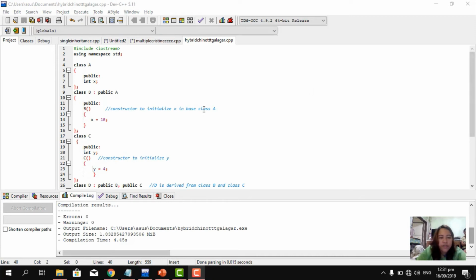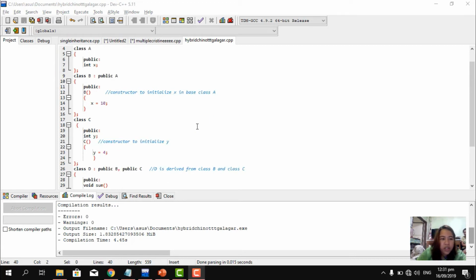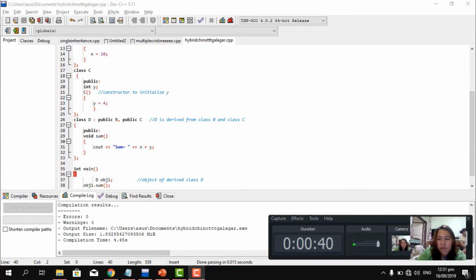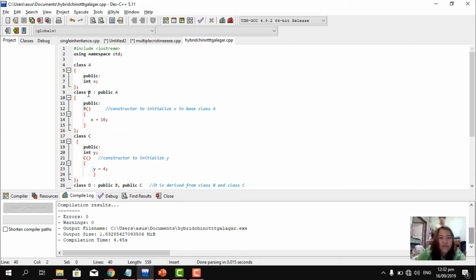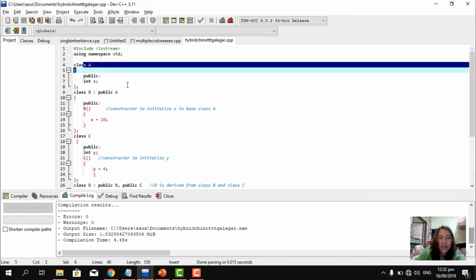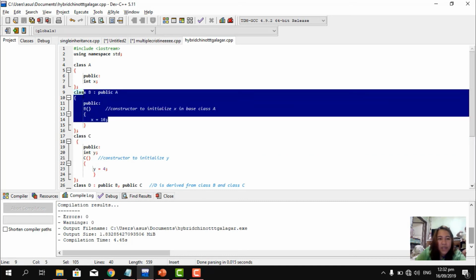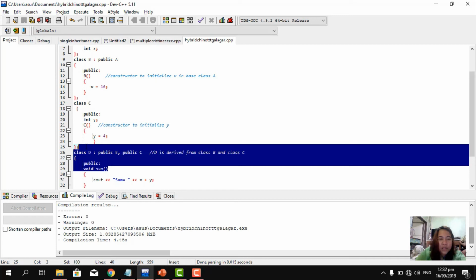As you can see in this code, class B is derived from class A. So class A is the base class, and class C is derived from class B, and class D is derived from class C.